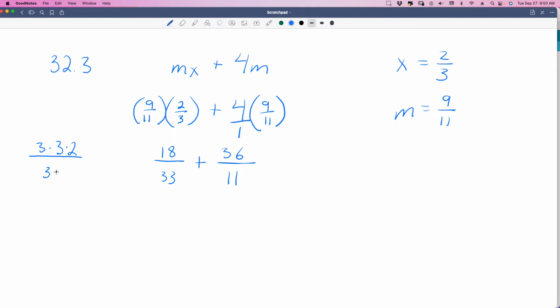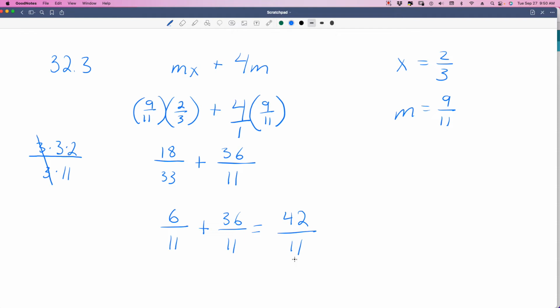It's 3 times 11. That's all I can do. So I can factor out a 3, which is the same thing as dividing this by 3 and dividing this by 3. So that means I have 3 times 2, which is 6/11. So 6/11 plus 36/11 is equal to 42/11.